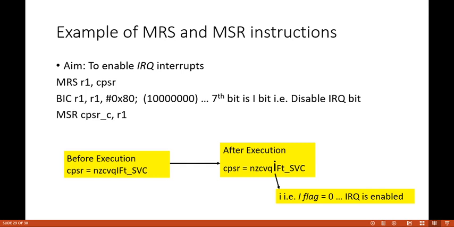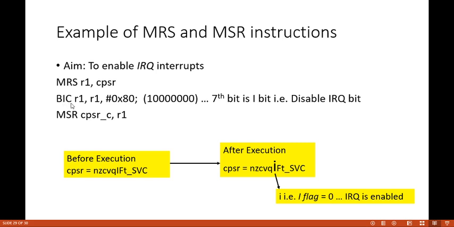Okay, now how the MSR and MRS instructions are useful is given here. This is the actual code used to enable the IRQ interrupt request. If you want to enable the interrupts coming under IRQ, this is the code: MRS R1, CPSR. Then it will transfer the contents of CPSR into R1.